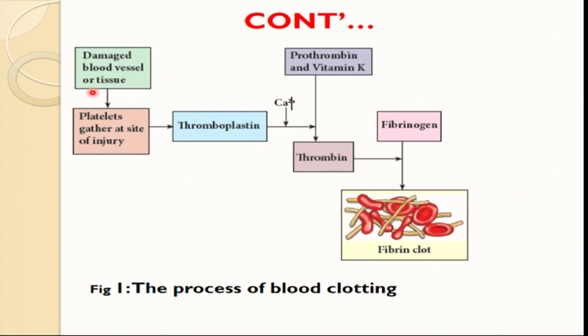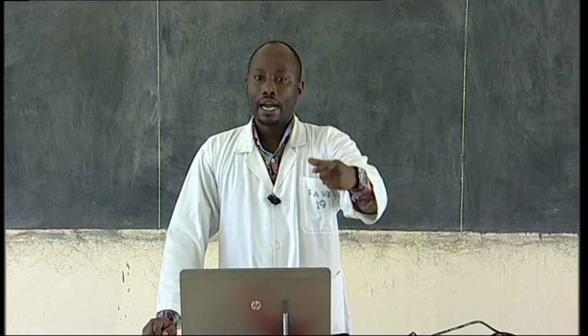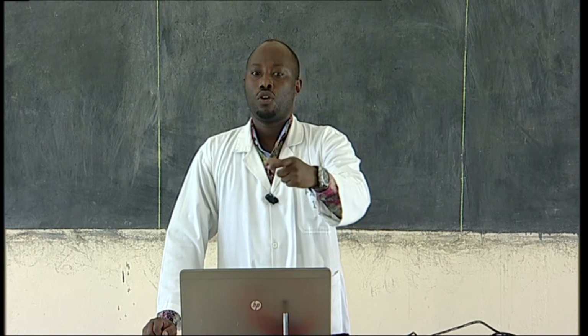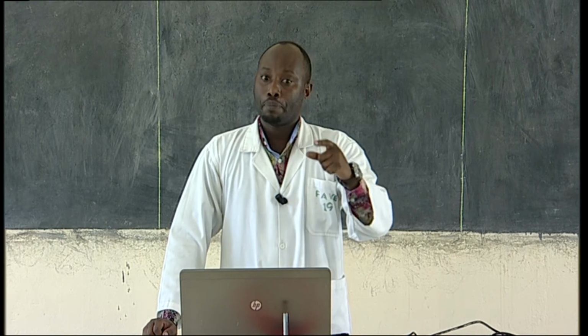That stimulates the platelets to gather at the site of injury. The platelets will be gathered exactly where the damage is, and once the platelets are gathered at the site of injury, what happens?